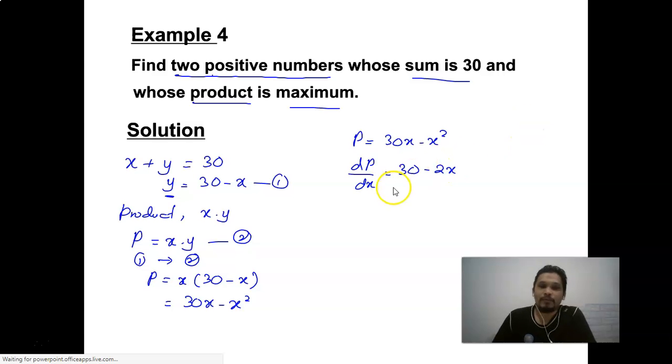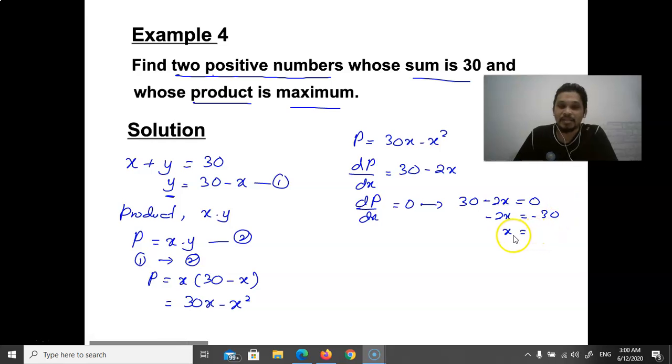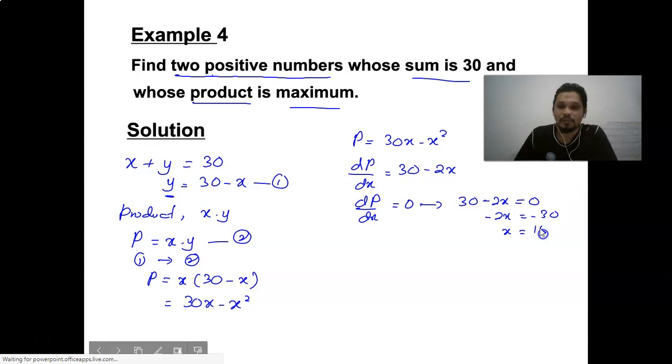From here let's make dP/dx equal to 0. So 30 minus 2x equal to 0, then negative 2x equal to negative 30, then x equal to negative 30 divided by negative 2, which equals 15.